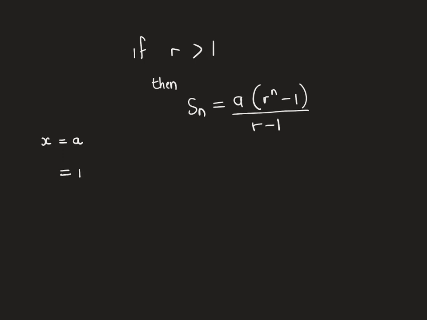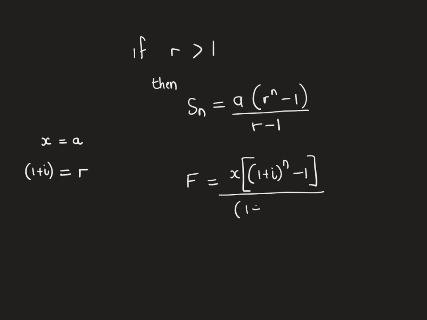If I substitute these values into this formula, the future value of an annuity is made up of x times ((1 plus i) to the n minus 1) over ((1 plus i) minus 1). And in the denominator, these brackets will fall away, and all we will be left with is: 1 plus i to the n minus 1, all over i.